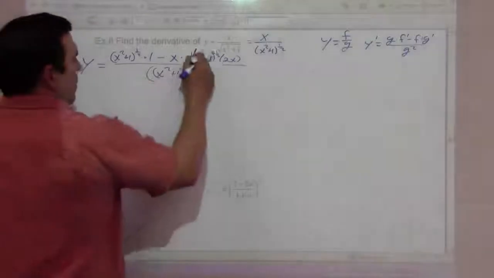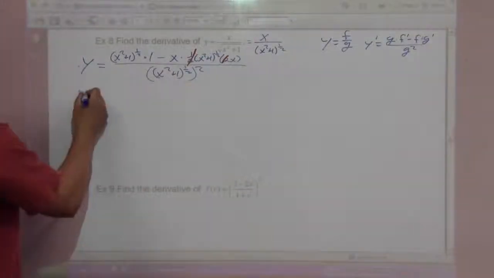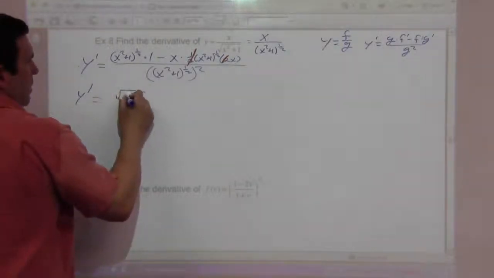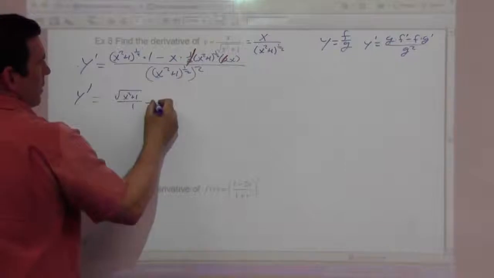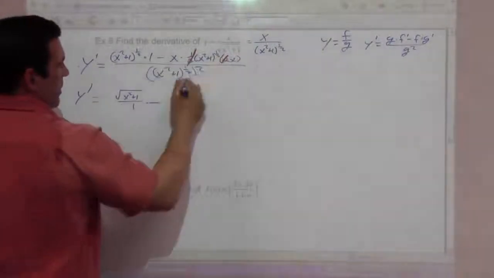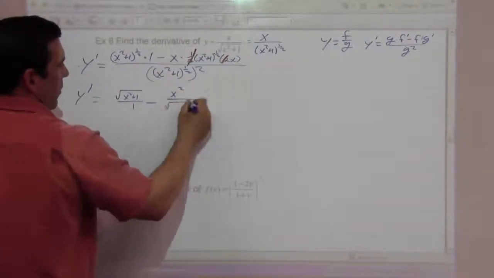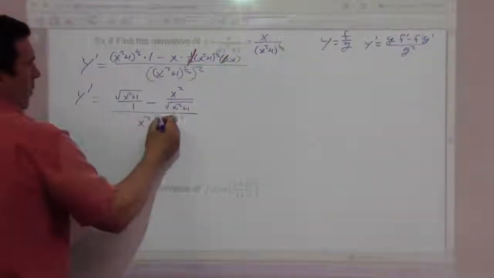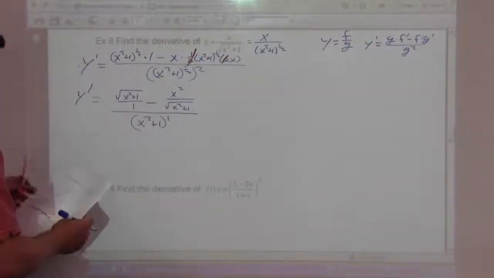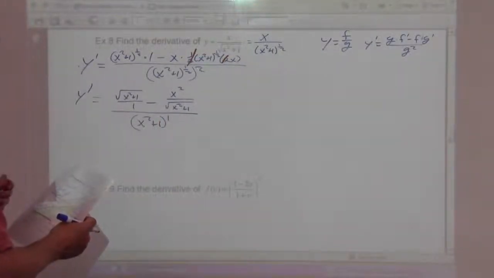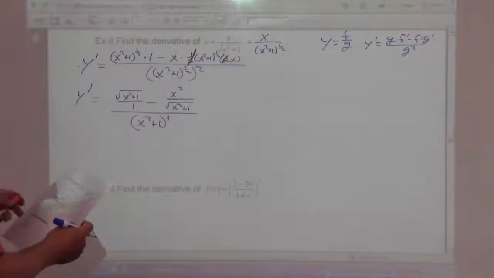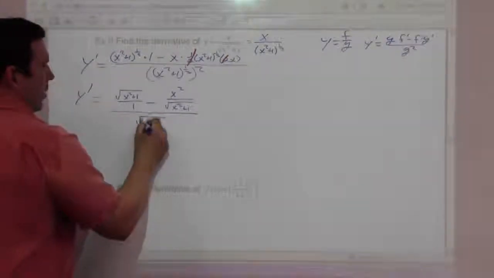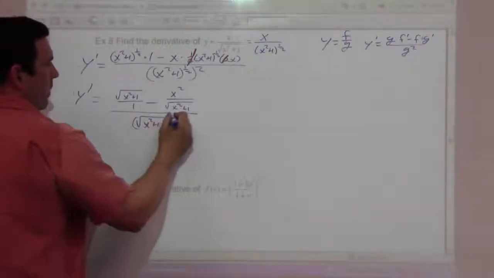Okay, and this 1/2 cancels with a 2. So y prime equals the square root of x squared plus 1 over 1 minus x times x is x squared over the square root of x squared plus 1 over x squared plus 1 to the 1 power. In fact, I'm going to leave this as square root of x squared plus 1 squared.